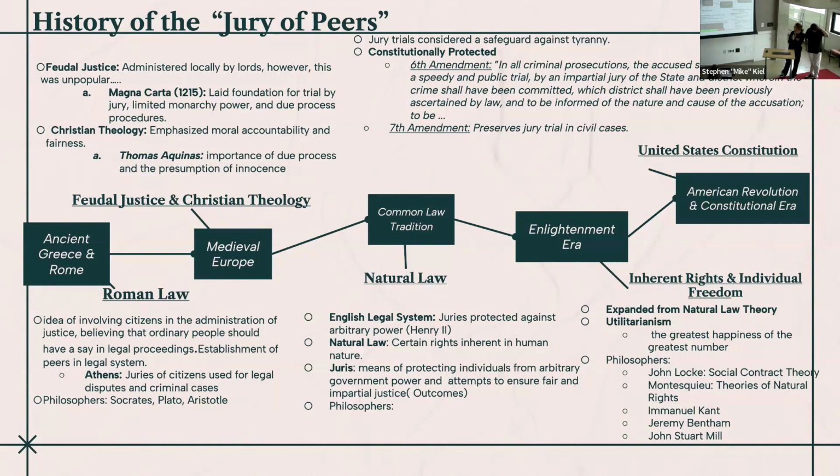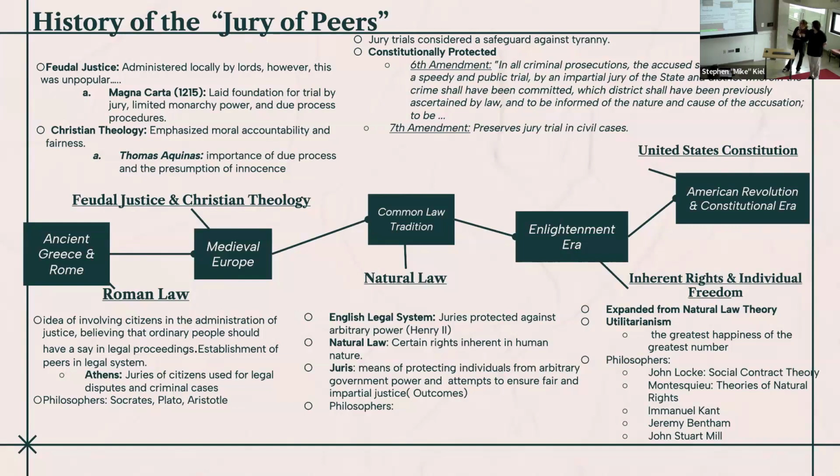And then we get to the Enlightenment era, which took the English legal system and expanded on it with ideas such as utilitarianism, social contract theory, theories of natural rights, and other philosophers very well known in social and political philosophy fields.